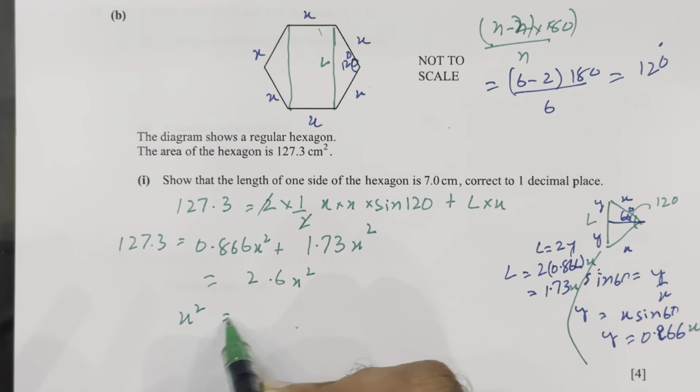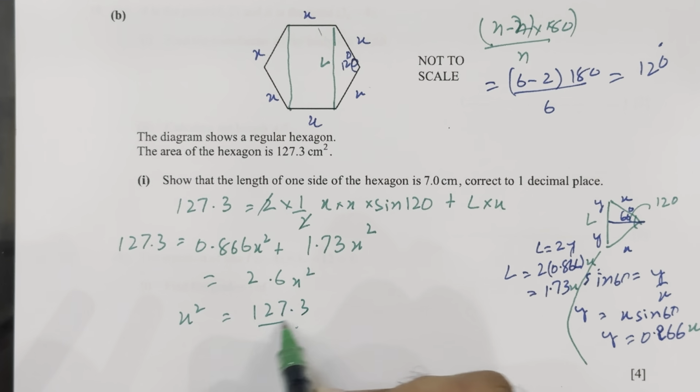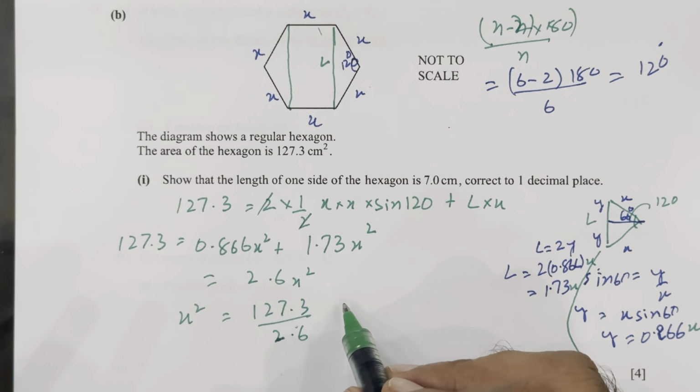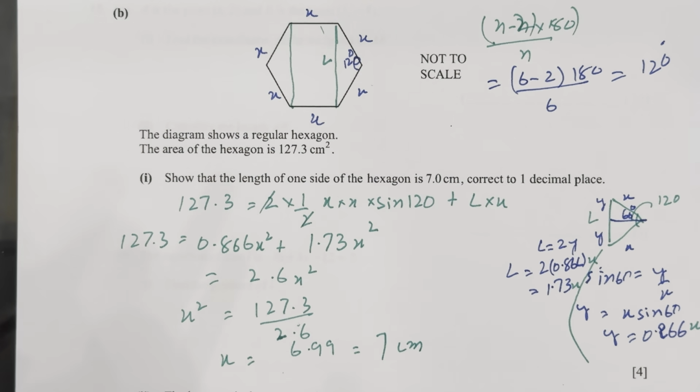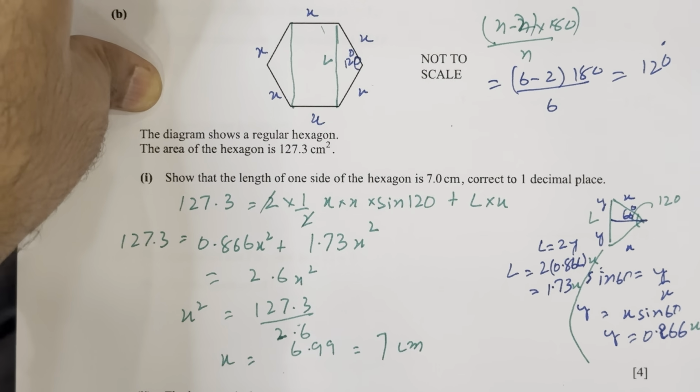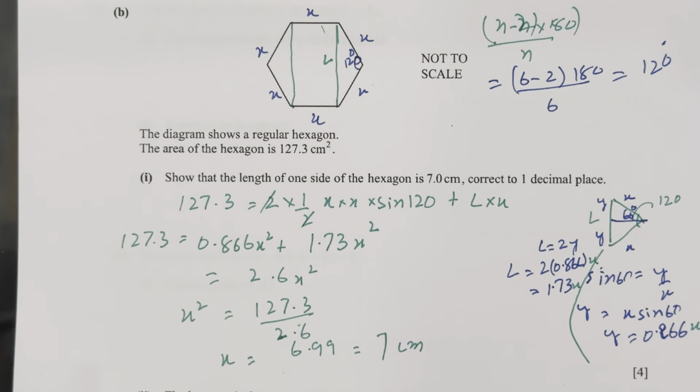Then x squared is equal to 127.3 over 2.6, and taking the square root of it, you get the value 6.9, and that is equal to 7 centimeters. So this is how we have shown that the length of each side of the hexagon is 7 centimeters.